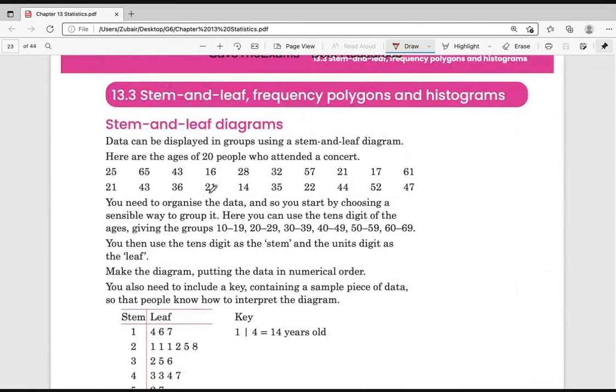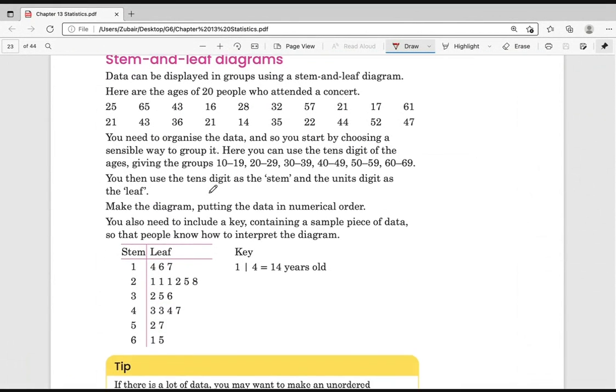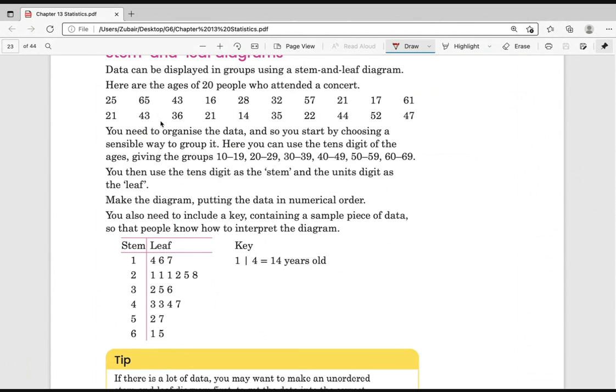Stem and leaf diagram. Data can be displayed in groups using a stem and leaf diagram. Here are the ages of 20 people who attended a concert. You need to organize the data, and so you start by choosing a sensible way to group it.